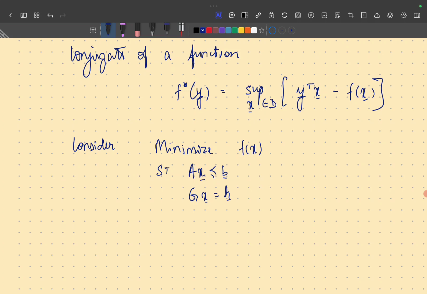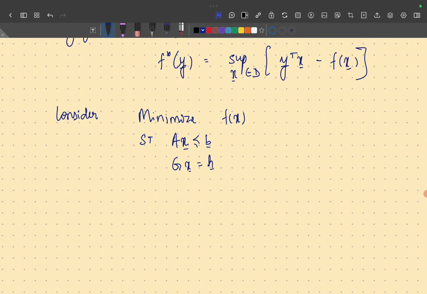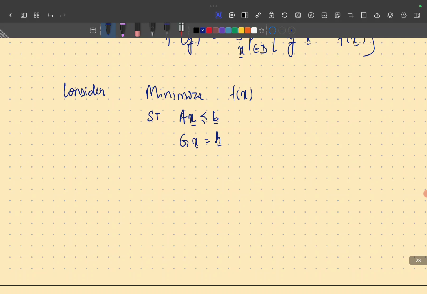As long as you have affine constraints, you can always set it up in this particular form. So in other words, your constraint set is a polyhedron.